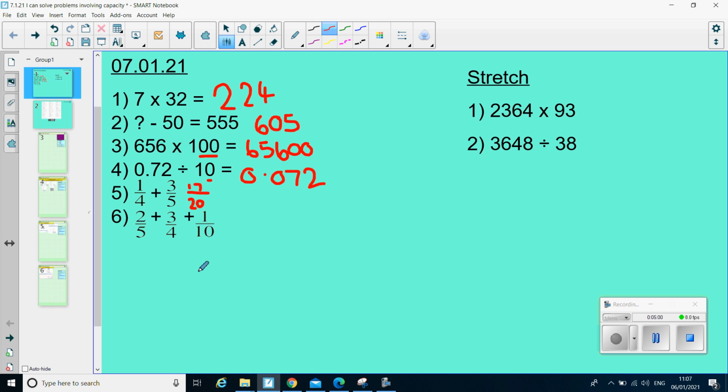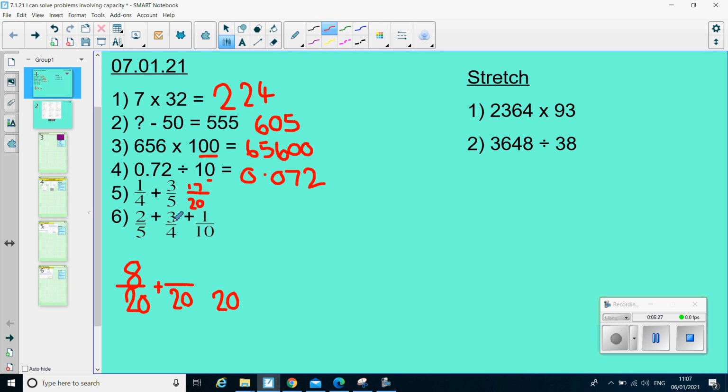It's just I've got 3 fractions to deal with. So again, I'm going to make the denominators 20 for each fraction, and then I'm going to add them together. So what do I times 5 by to get 20? Well, I'm timesing it by 4. I've got to do the same for the top. So 2 times 4 gives me 8. What do I times 4 by to give me 20? I'm timesing by 5.